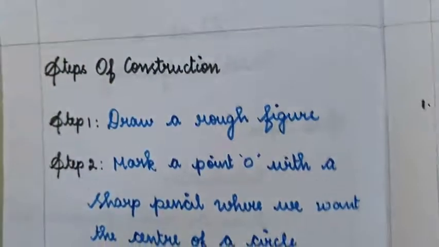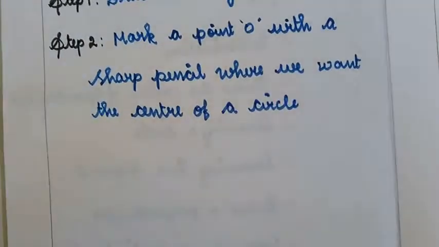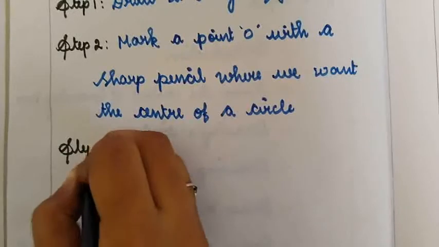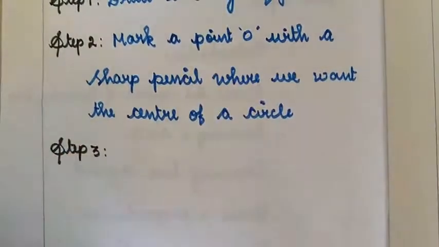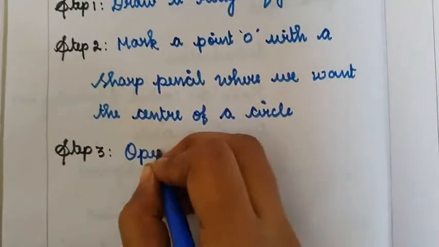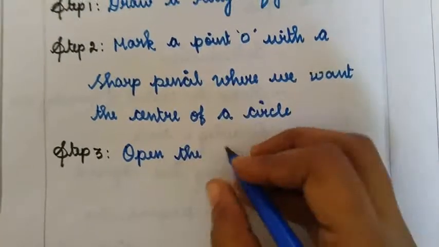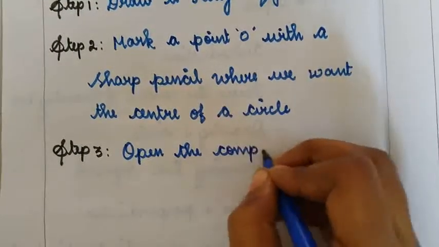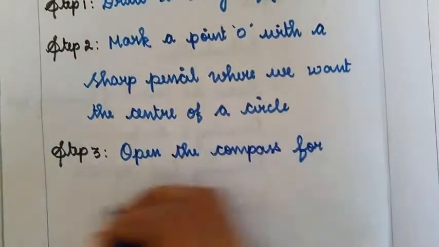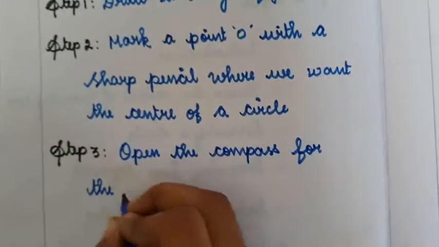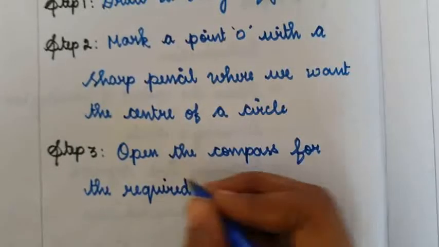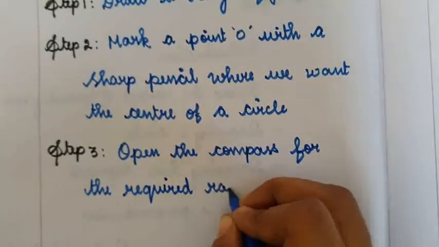This is step 2. What is step 3? Next step is open the compass for the required radius already given in the question.